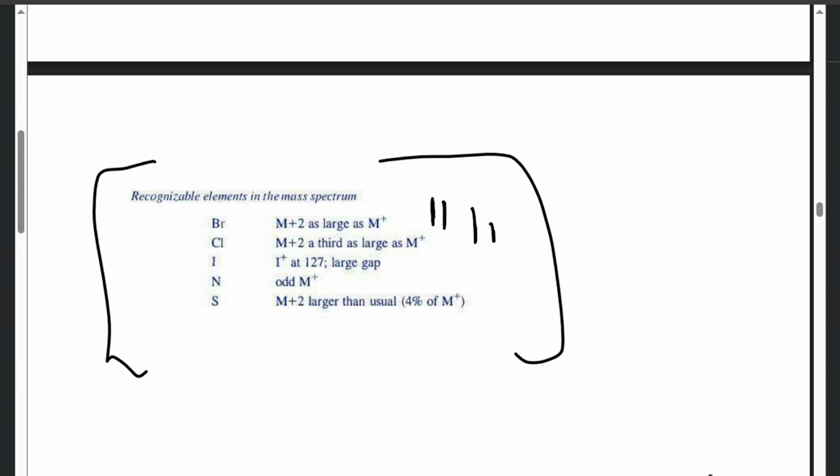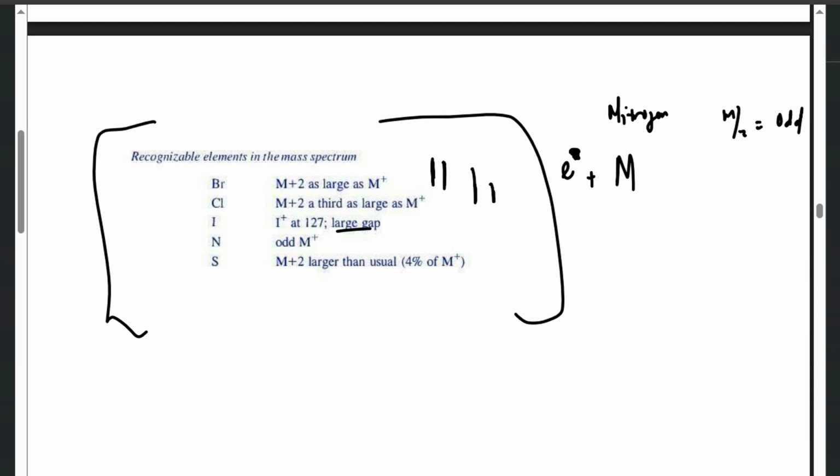For iodine, we know there's a large gap and there's I positive at 127. For nitrogen, there's a nitrogen rule: for a neutral molecule that is bombarded with high energy electrons, if the m/z value is odd, there's most likely an odd number of nitrogen in the compound. But I don't think we need that explanation for now.